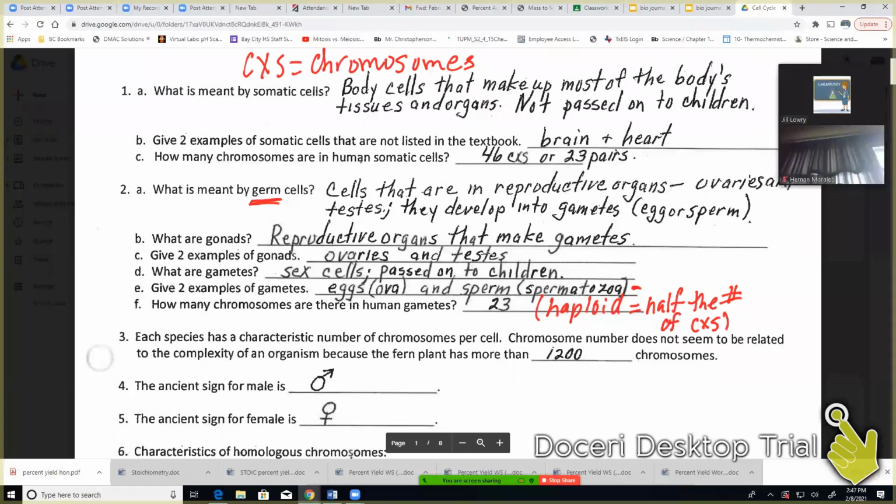And once again, they need to be haploid because then when you get one from your mother and your father, they add up to give you the full amount. If they were the full amount, then for humans you would end up having 92, which would not be good.